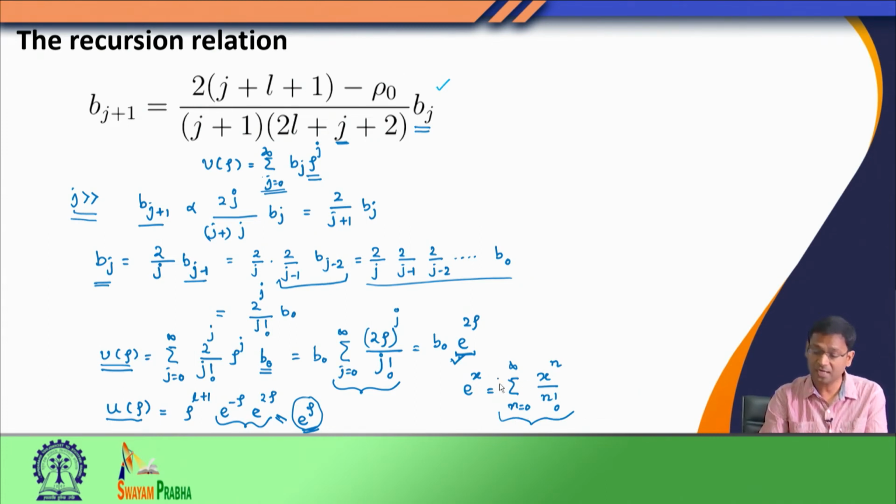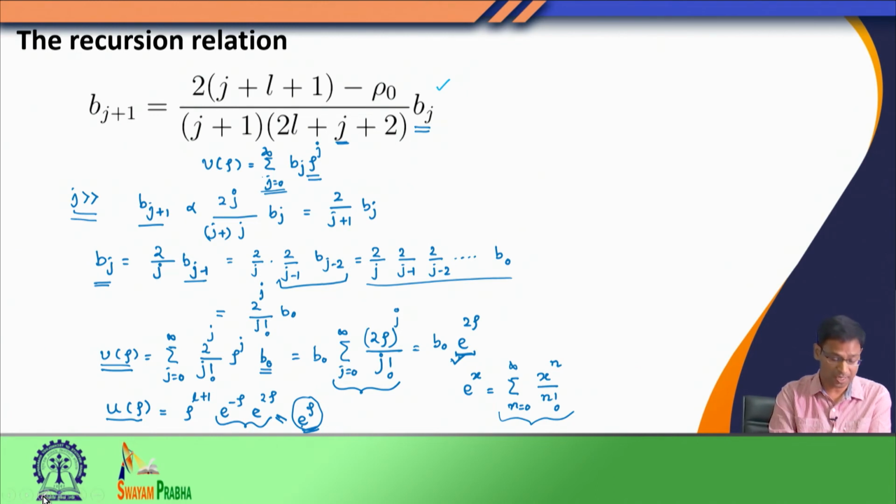If I had a finite number of terms over here, I would not be able to express this as an exponential function, and then I would not have this trouble. So, to avoid this trouble, this series must truncate somewhere.